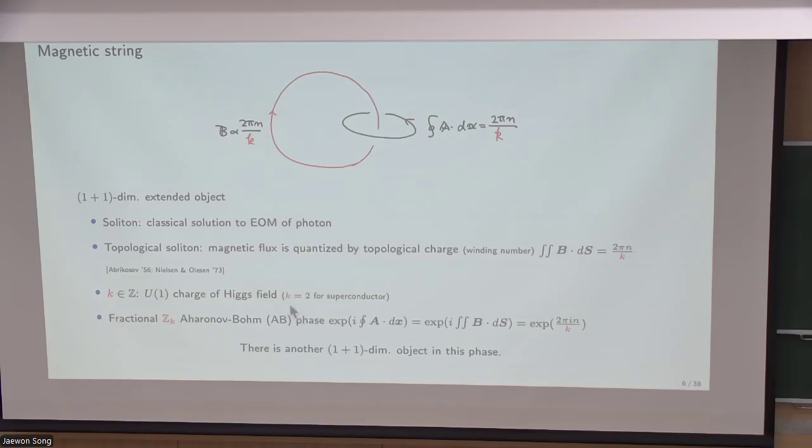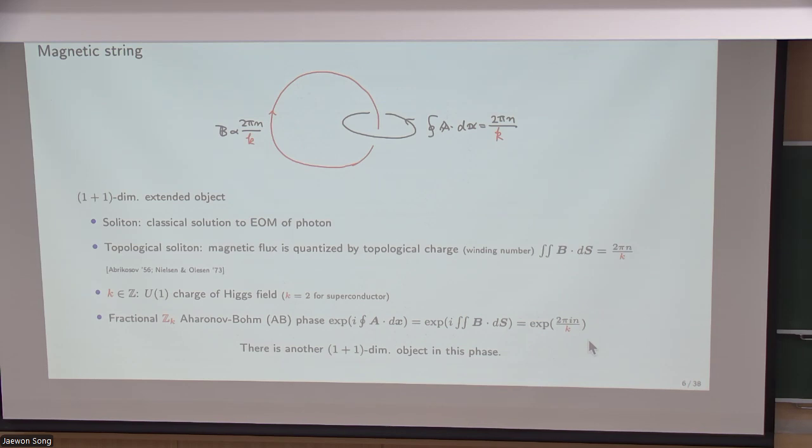For example, K equals 2 for the superconductor. So the magnetic string generates a fractional Aharonov-Bohm phase. In the presence of the magnetic string, we can calculate this Aharonov-Bohm phase, and by using Stokes' theorem, we have this fractional Aharonov-Bohm phase. So this is a magnetic string.